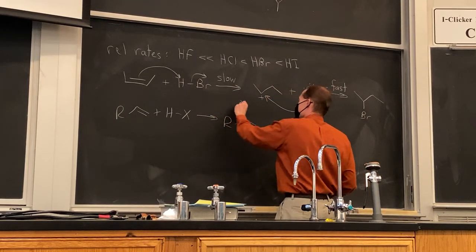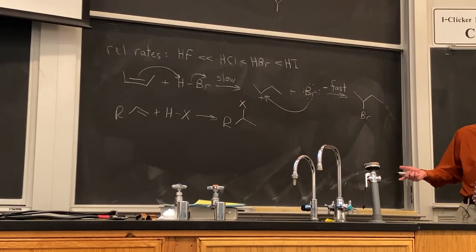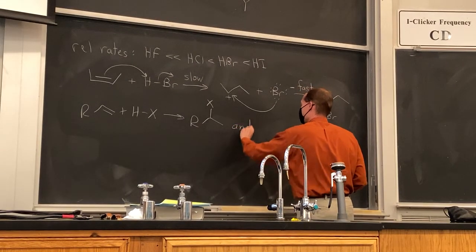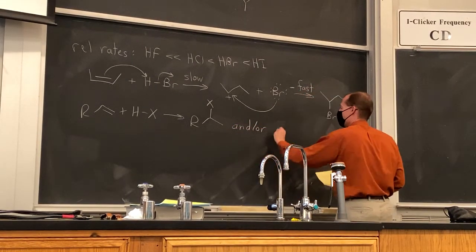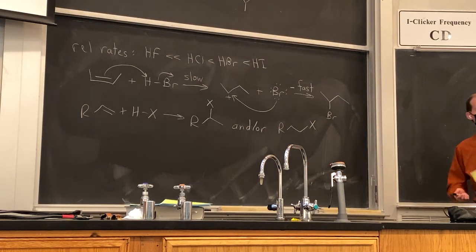We could get the halide on carbon 2. We could have a more substituted halide. Or we could get a less substituted halide, having that halide on carbon 1 of our alkene. Okay, so two different constitutional isomers can form based on what you know about the mechanism of hydrohalogenation.